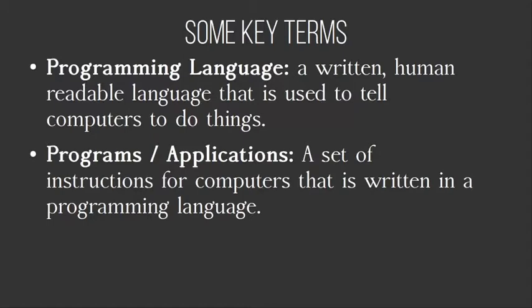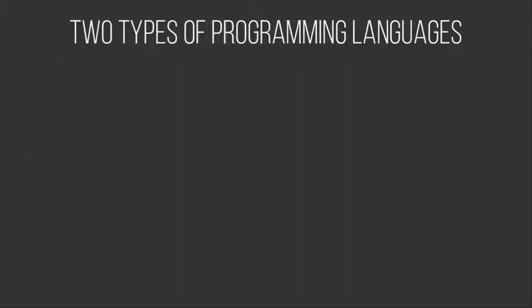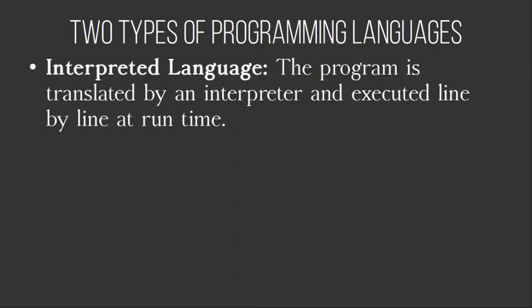Now, for the sake of this discussion, there are 2 types of programming languages. The first is the interpreted language. An interpreted language is a language that is translated by a piece of software called an interpreter, which then executes each line of the program one by one at runtime.